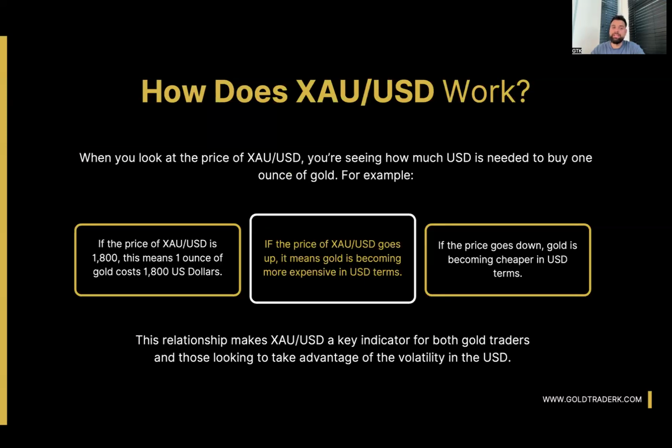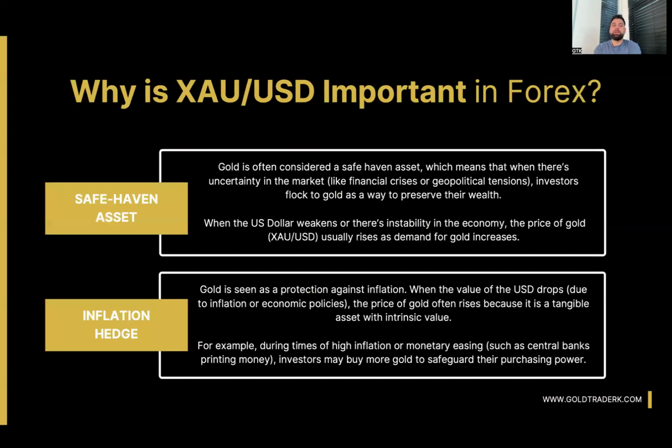For example, if the price of XAUUSD is 1800, this means 1 ounce of gold costs 1800 US dollar. If the price of XAU goes up, it means gold is becoming more expensive in USD terms. If the price goes down, gold is becoming cheaper in USD terms. This relationship makes XAUUSD a key indicator for both gold traders and those looking to take advantage of volatility in the USD. Why is XAUUSD important in Forex?